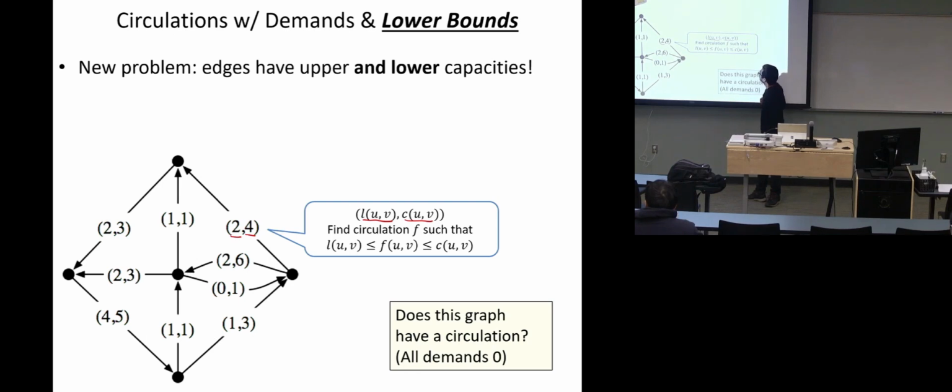What you want to find is a circulation F such that the flow on an edge is at least the lower bound and at most the capacity. Now let's say the demand on every node is 0. I just want to know if there is a way to assign flow such that this is true for every edge.